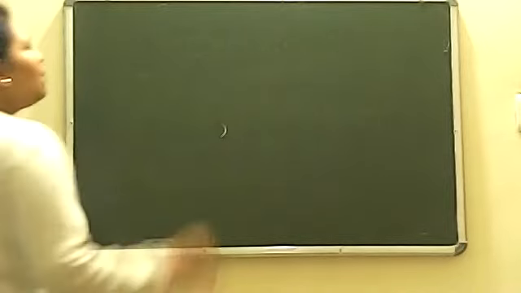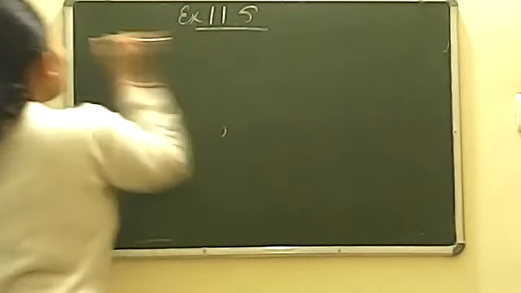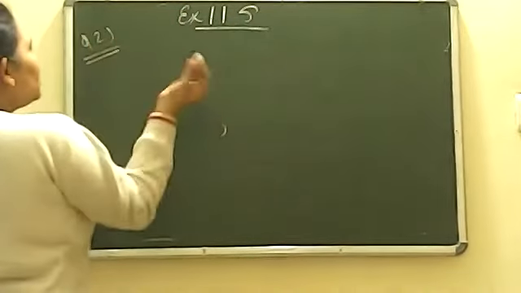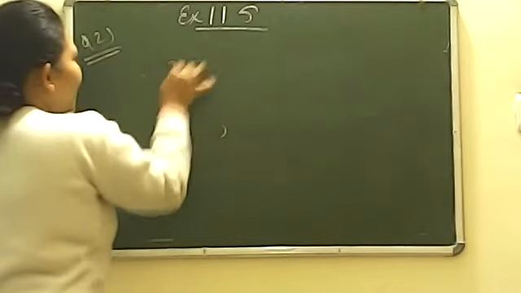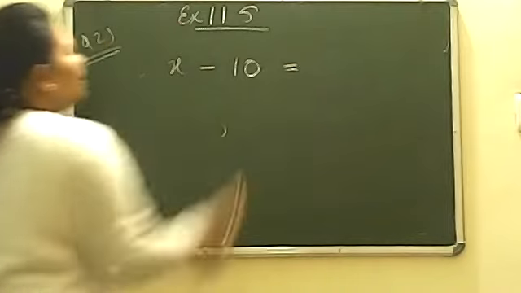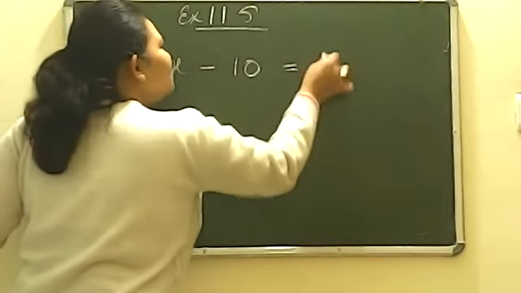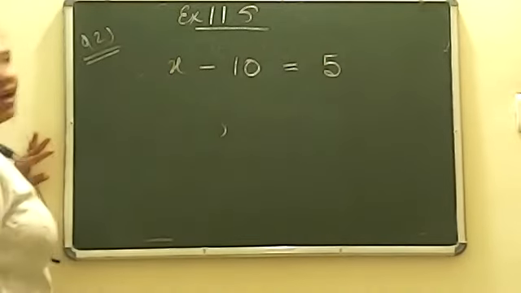Now suppose you have a question like, we are discussing question number 2. Suppose you have an equation x minus 10 is equal to 5. x minus 10 is equal to 5.